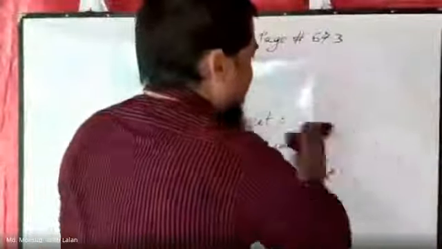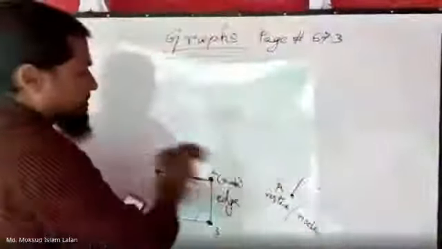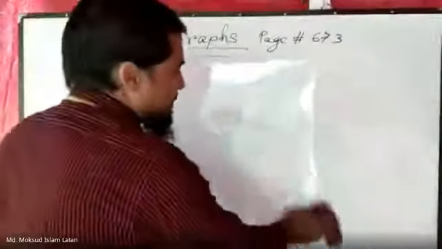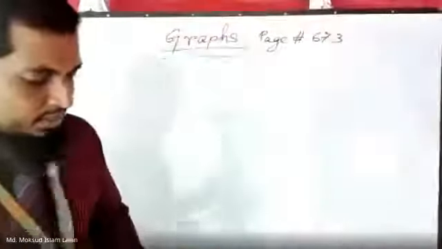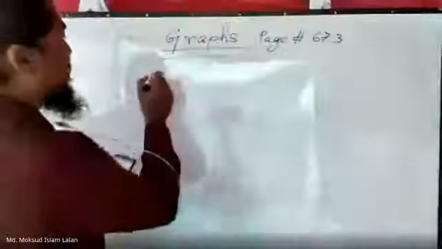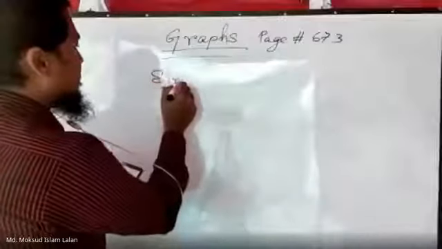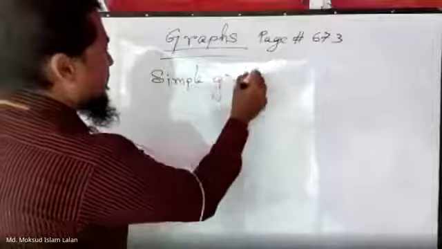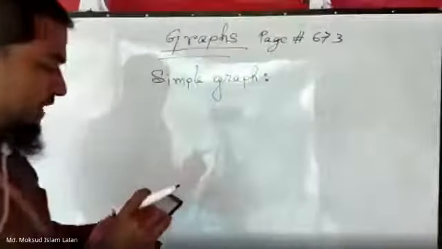Simple graph, you need to determine. After finishing some definitions, we are going to check which one is a finite graph and which one is a simple graph, like this. So what is a simple graph?